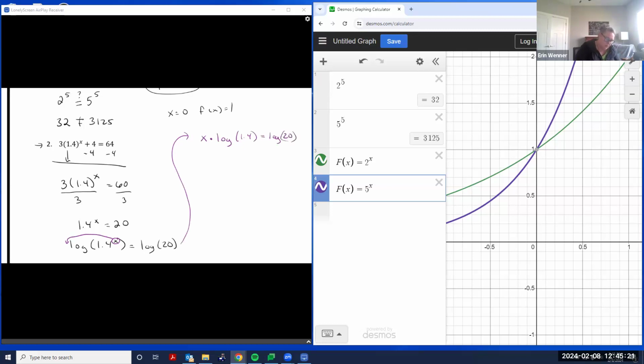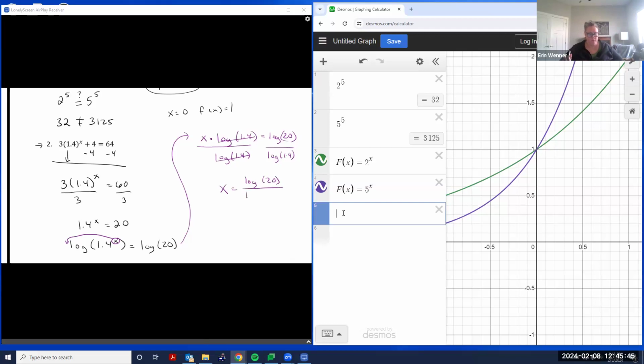Because now I can divide both sides by the log of 1.4, and I get x is equal to the log of 20 divided by the log of 1.4.